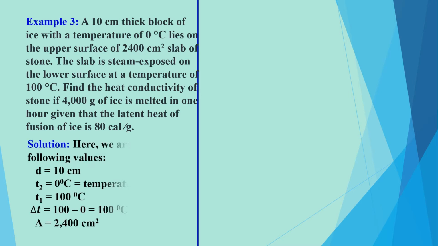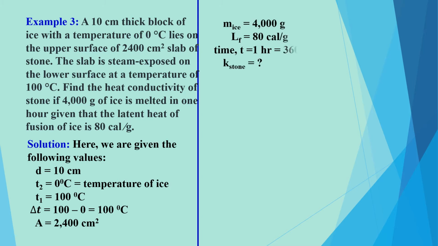Solution. We are given the following values. The thickness D is 10 centimeters. The temperature of ice is 0 degrees Celsius. The temperature at the lower surface is 100 degrees Celsius. So the change in temperature is 100 minus 0 equals 100 degrees Celsius.